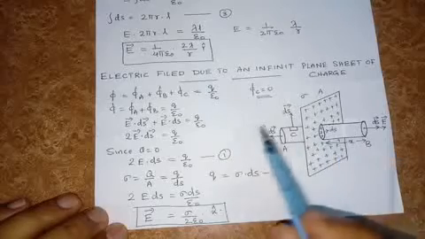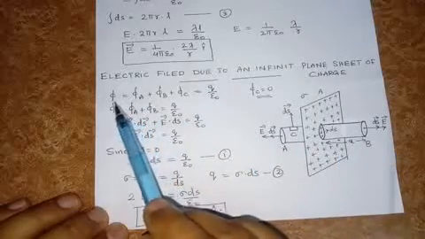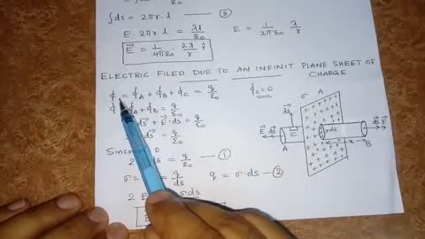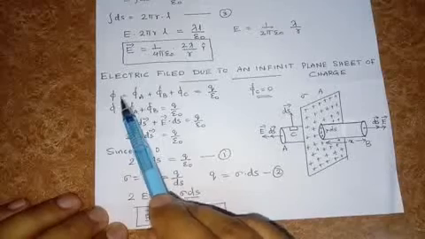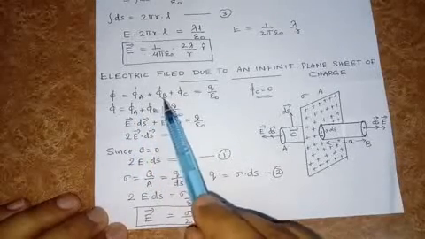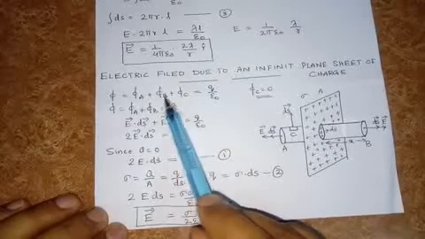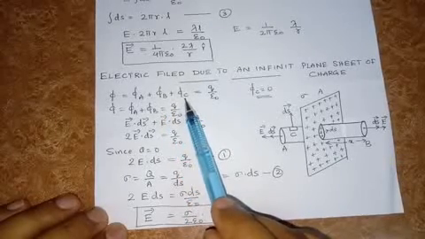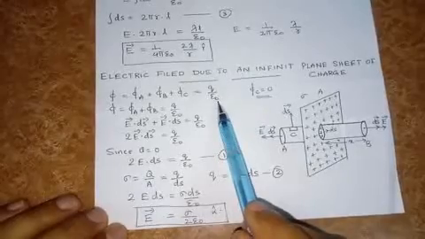So again I am going to apply Gauss's theorem. The total flux passing through the Gaussian pillbox is equal to the flux due to end surface A plus the flux due to end surface B plus the flux due to curved surface C, which is equal to Q by epsilon 0.